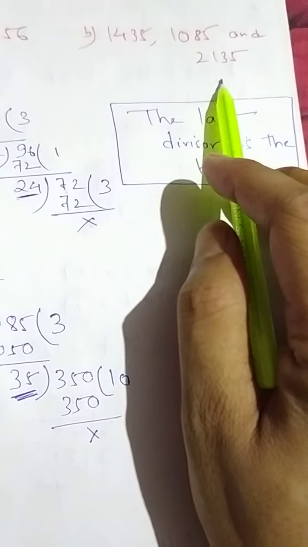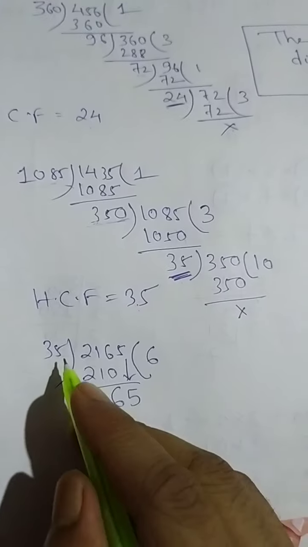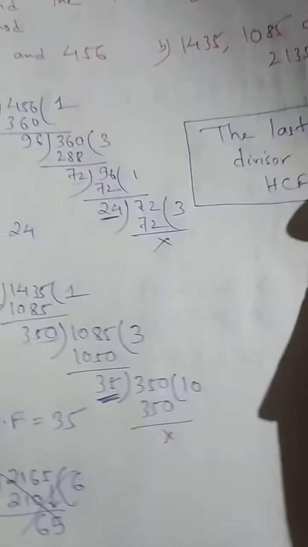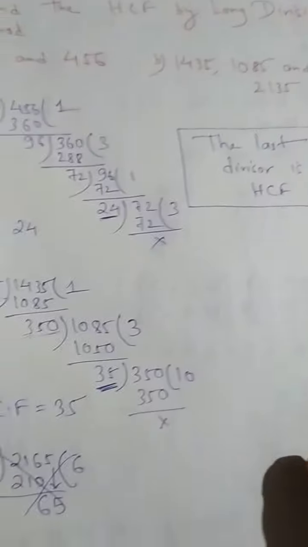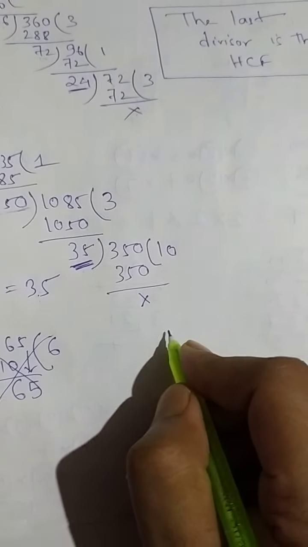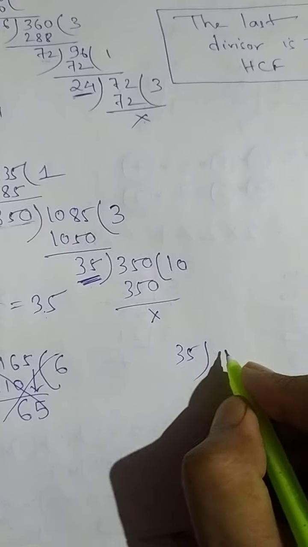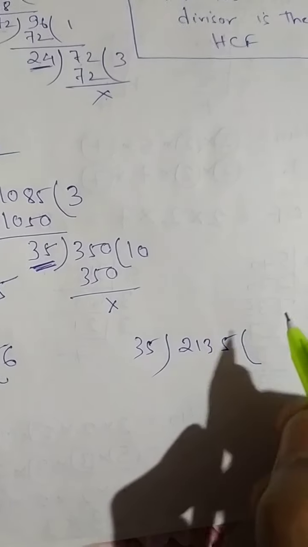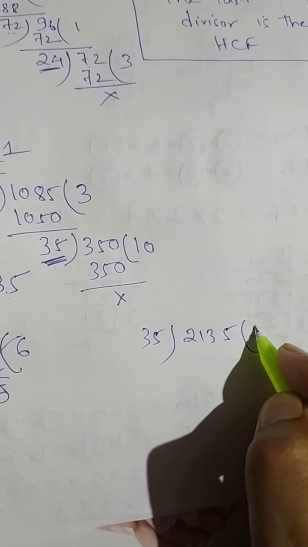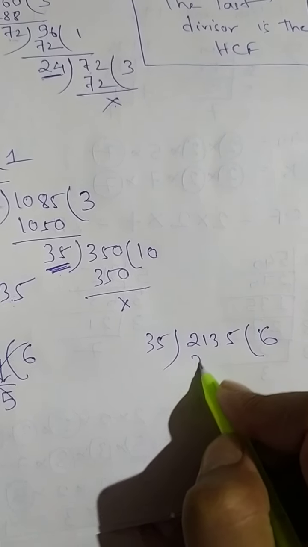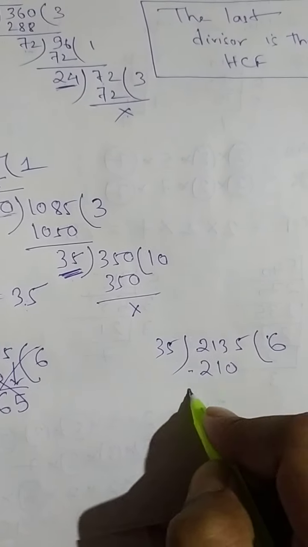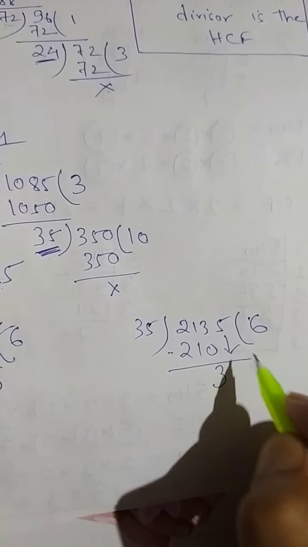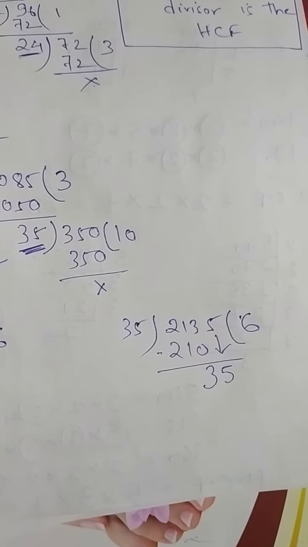Sorry, this is 2135, so just neglect this one. Okay, the question is 2135. So let's divide 2135 with 35. So first 6 times 35 is 210, after subtraction it is coming 3, and then write down here 5.